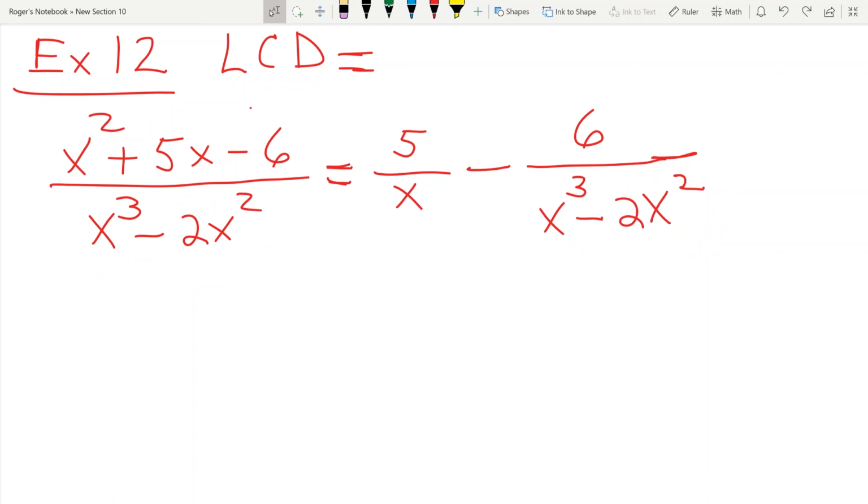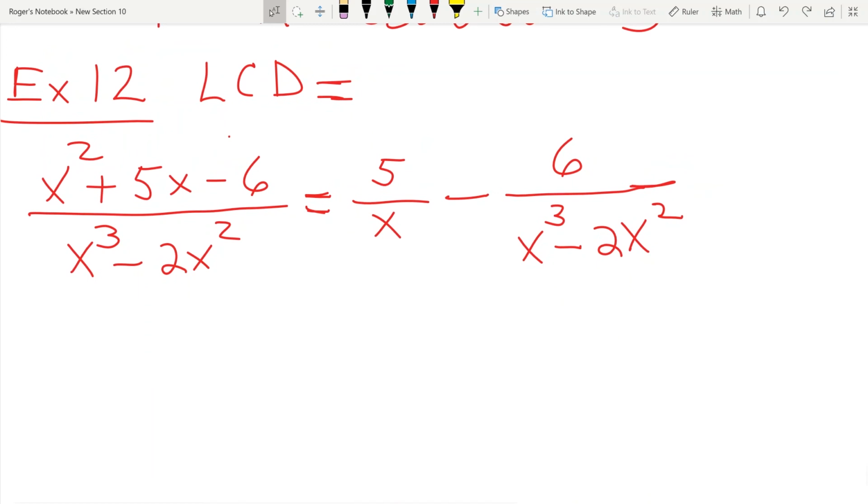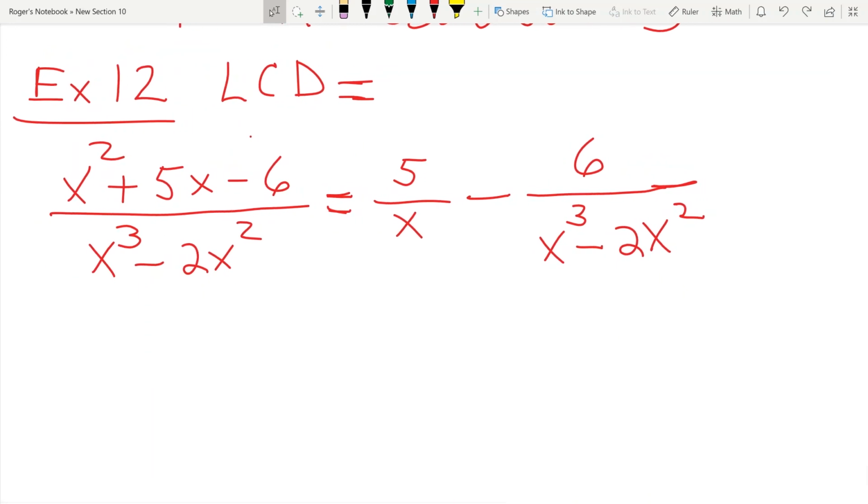As we look at the denominator of the first term and the last term in this equation, we see that it is x cubed minus 2x squared, of which you can factor out x squared. So let's factor it out. In the numerator, we'll just leave that as it is for the moment, and write this as x squared plus 5x minus 6.